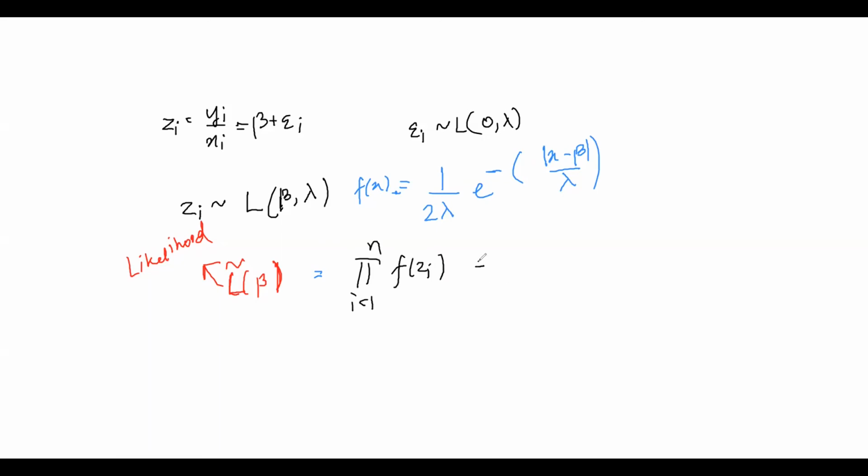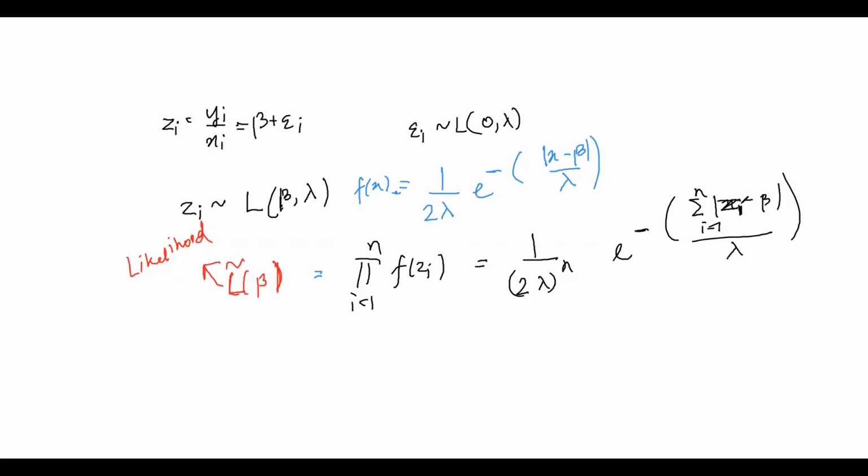That is the same as 1 by 2 lambda whole to the power n, e to the power minus the summation of zi minus beta, i from 1 to n, by lambda. Now lambda is greater than 0.